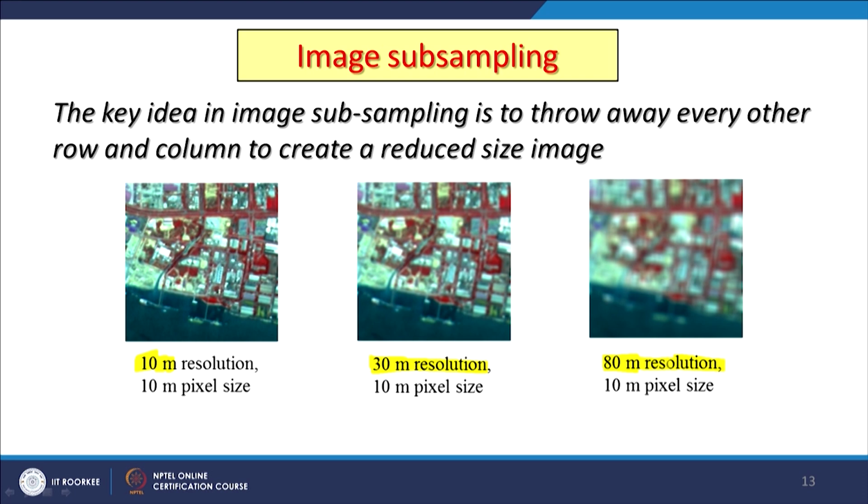However, this is not at all a compression technique. Compression techniques are different, and we will have a completely separate discussion over compression techniques for satellite images. But here it is subsampling.